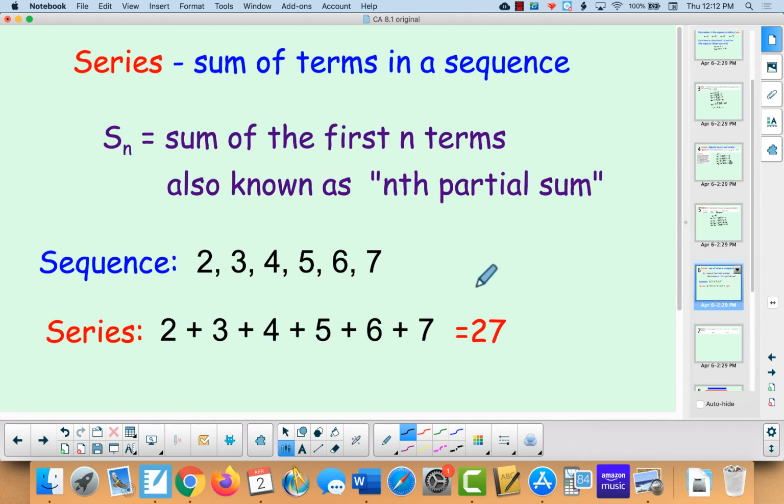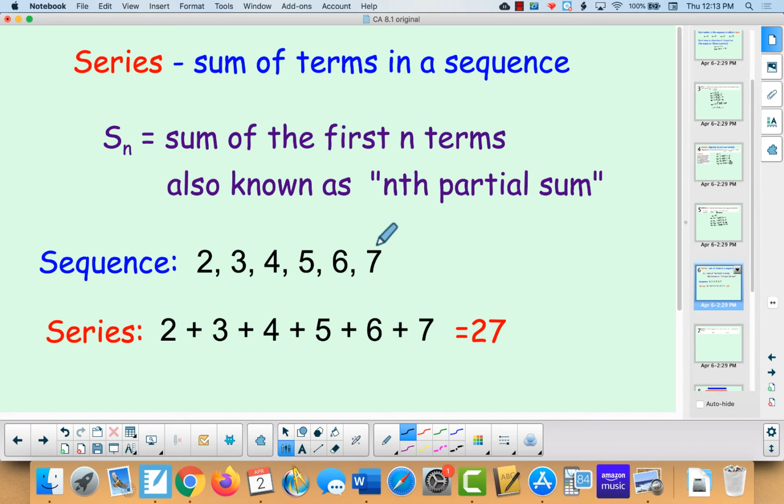A series is taking those terms in your sequence and adding them together. So if I'm looking for S sub n, I'm looking for the sum of the first n terms, and we can call that the nth partial sum. So for example, if this is my sequence, 2, 3, 4, 5, 6, 7, there are 6 terms in that sequence.